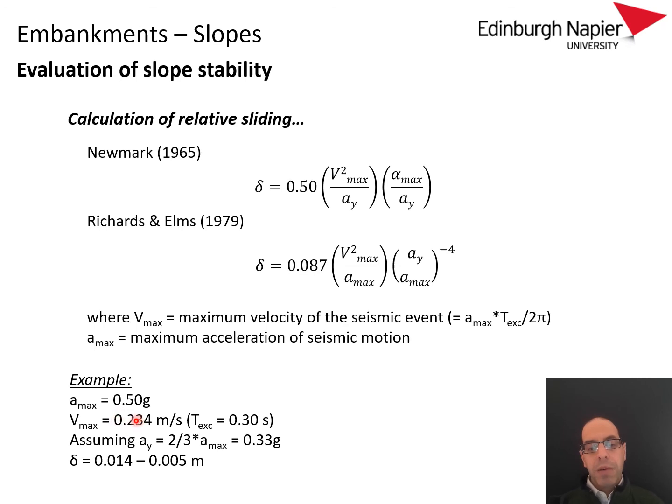That will have a maximum velocity of 0.234 meters per second, assuming a period of 0.3 seconds. If we assume the yield or the critical acceleration to be 2/3 of the maximum, that means that is 0.33 g, and when we replace everything in there, we get that the displacement will range between 14 and 5 millimeters, depending on the expression that we use.